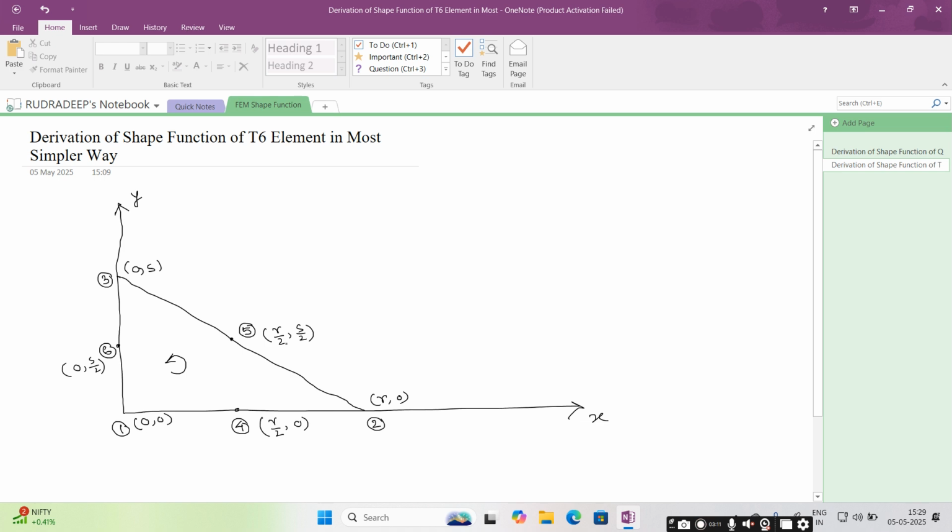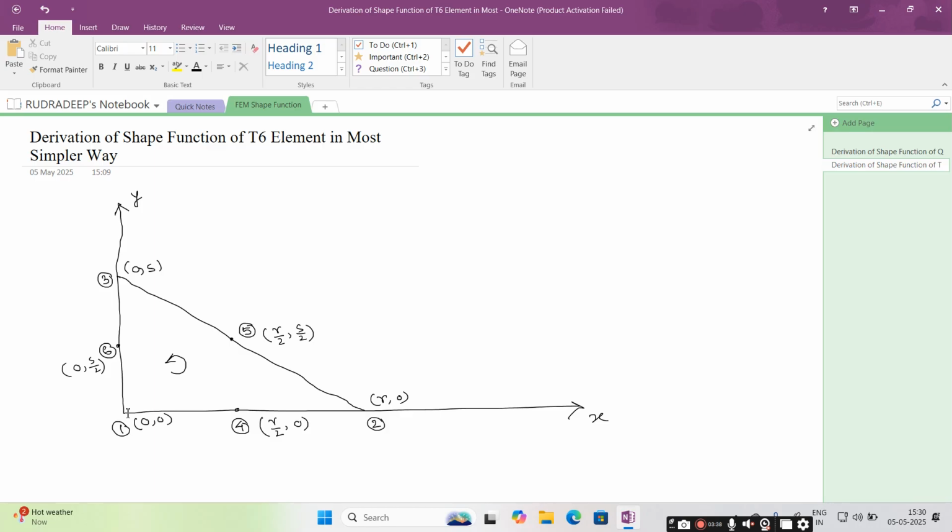To determine the shape functions for each node, I have to be careful here. For node 1, I have to take the equations of the lines which are not touching this point, but touch all the remaining points.